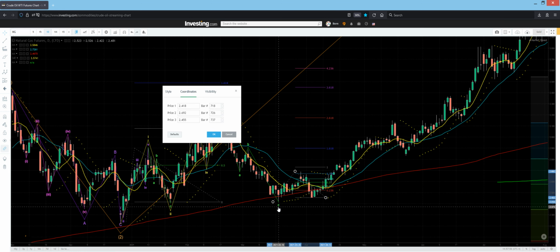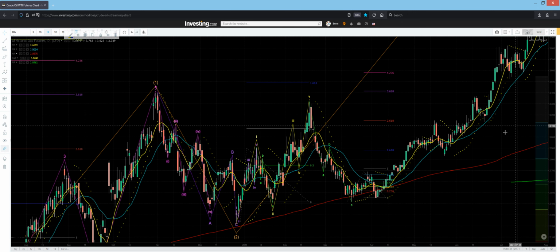So long as it's moving, you're going to make the money. 2.422, and this high here is 2.268, and the low over here is going to be 2.453. Pretty close.